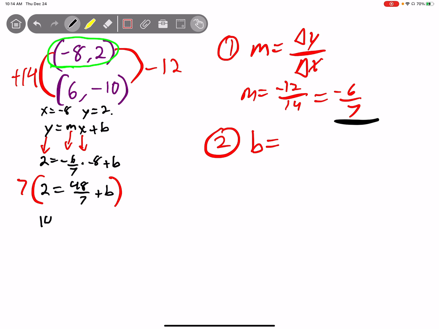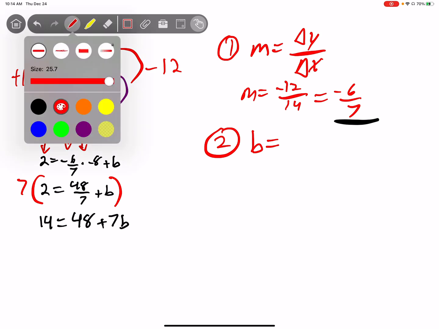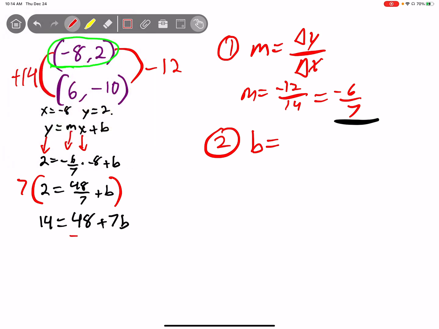7 times 2 is 14. 7 times 48 over 7, the 7's cancel out. And then 7 times b gives me 7b. Perfect. I'm going to subtract 48. Remember, this equation is equivalent to the one before multiplying by 7. Subtract by 48.